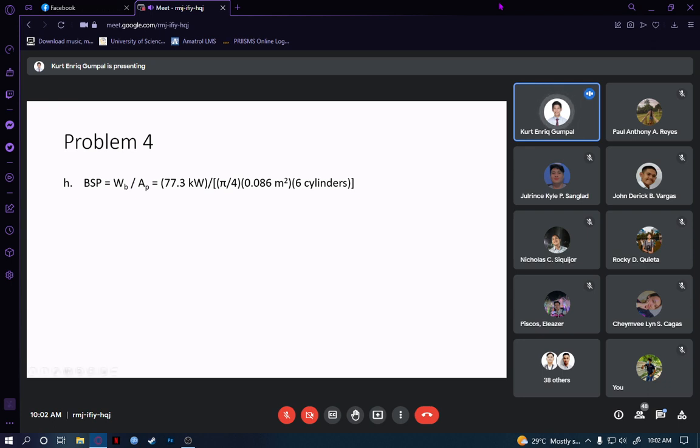The squared is outside, just in case you get confused. Now, if you're able to solve it, your BSP becomes 2,220 kilowatts per square meter or 0.222 kilowatts per square centimeter. Try solving it.